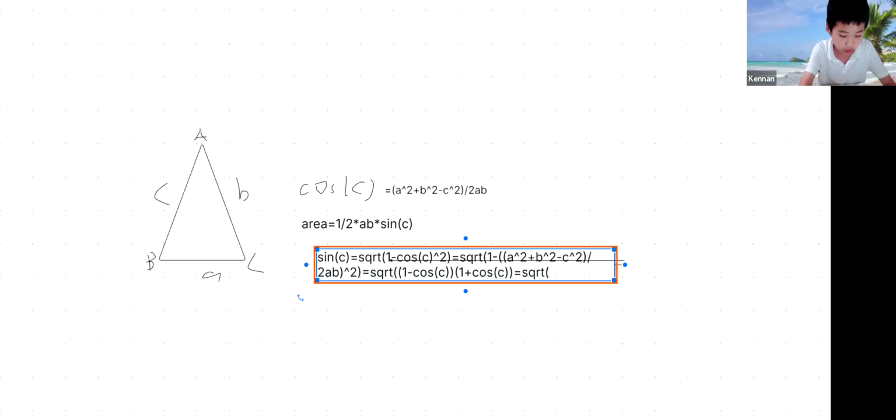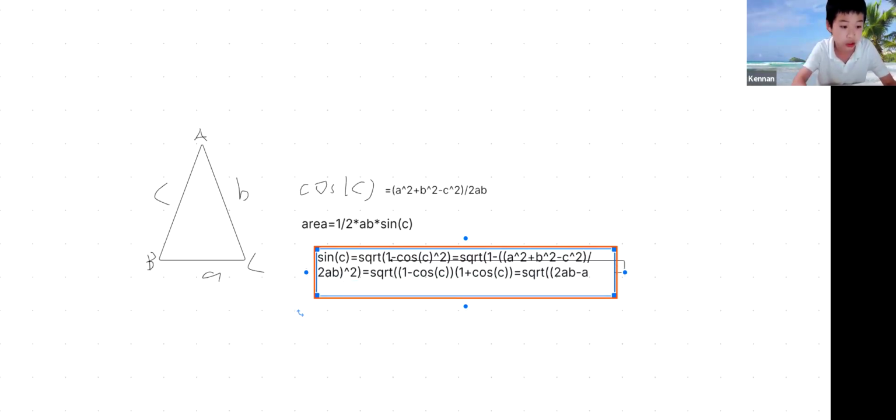This is the square root of 2ab minus a squared minus b squared plus c squared, over 2a, times 2ab plus a squared plus b squared minus c. That should look good.